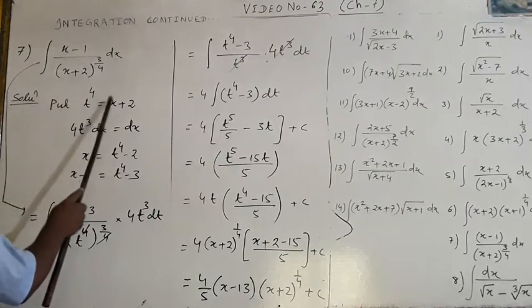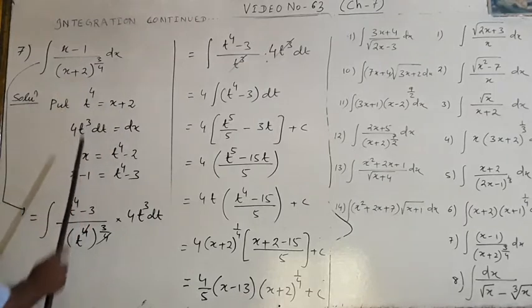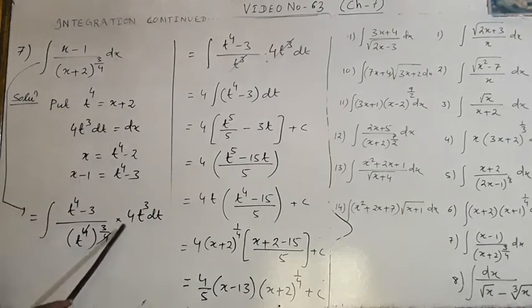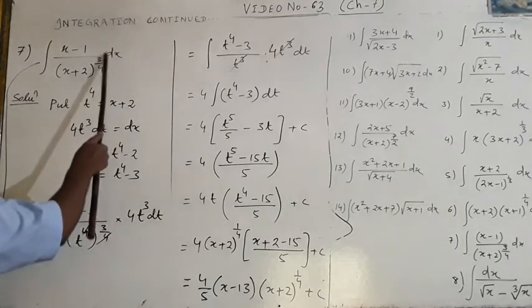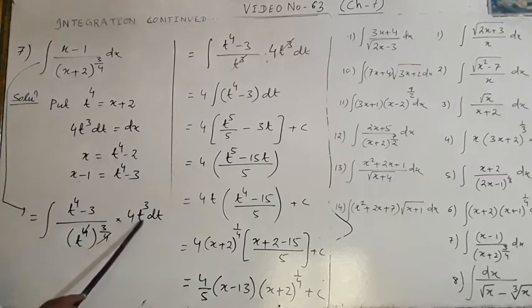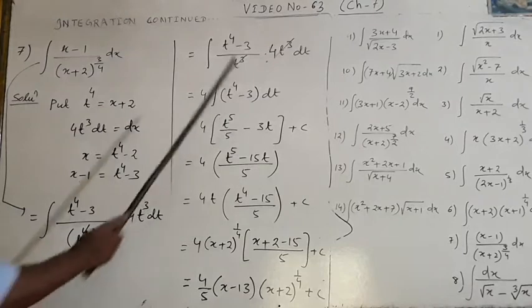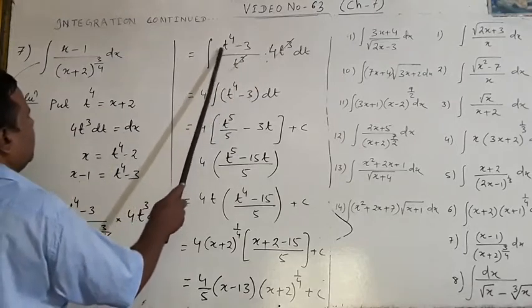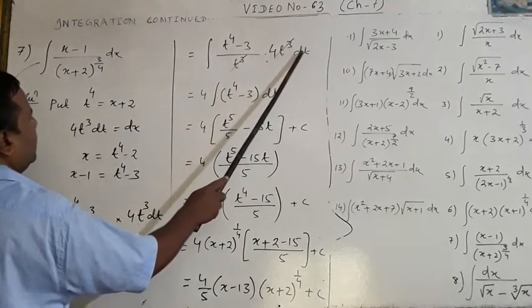In place of x plus 2, we put (t^4) to the power 3 by 4, and in place of dx, I am writing 4t^3 dt. It becomes (t^4 minus 3) divided by t^3 whole into 4t^3 dt. It is 4 coming outside, (t^4 minus 3) whole into dt.